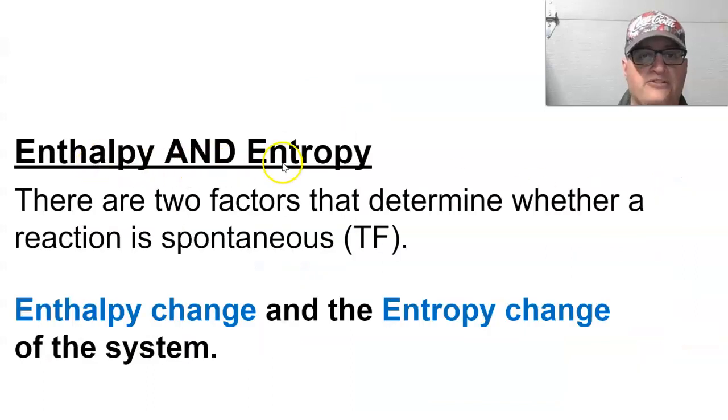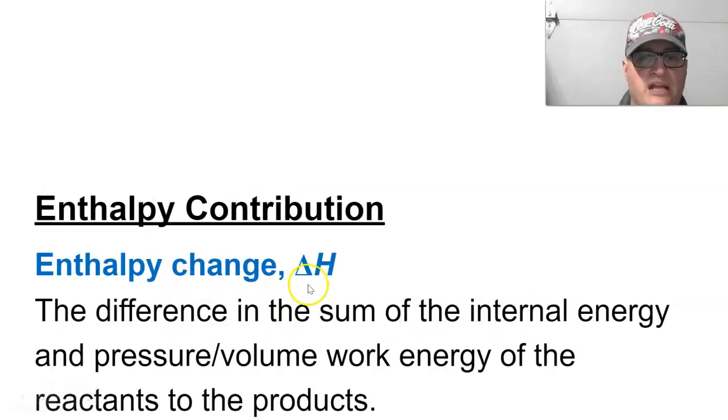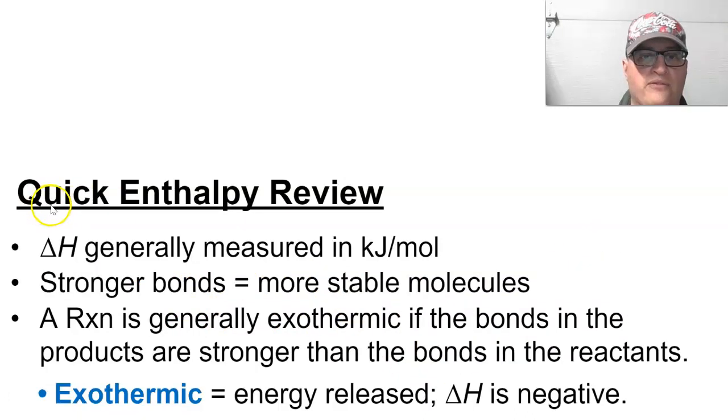So enthalpy and entropy, these two factors determine spontaneity. Enthalpy change, entropy change. Enthalpy change, your delta H, as we've known from before. Quick review, generally measured in kilojoules per mole, careful of the units. When we have stronger bonds, we have more stable molecules.